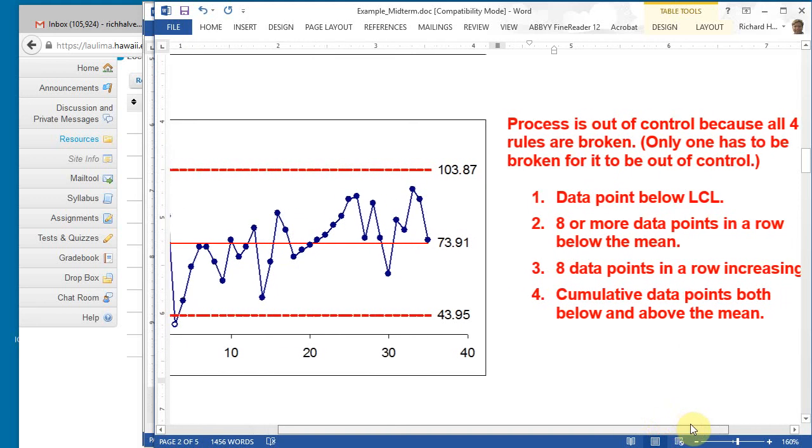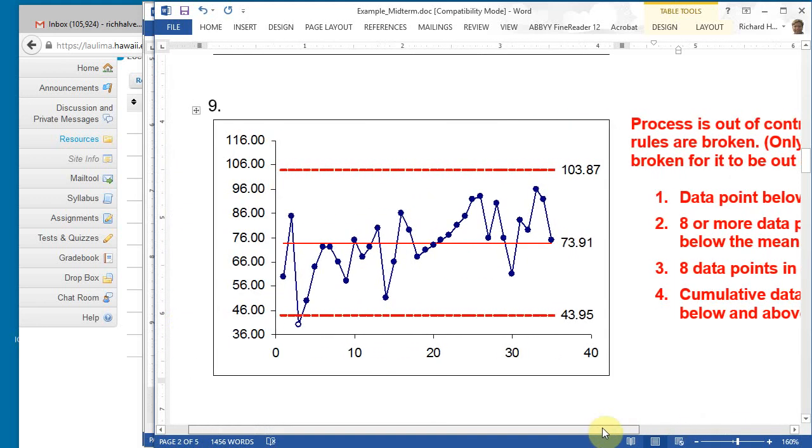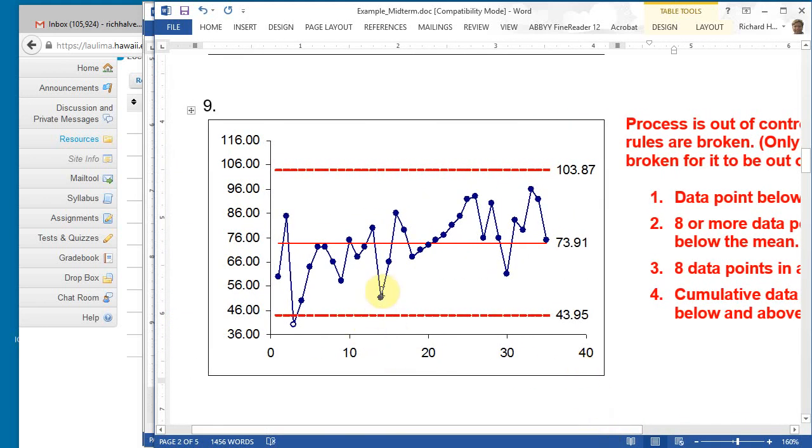And the fourth one here is cumulative data points both above or below the mean. The way you can count this is by keeping a running cumulative count, where you add 1 to your count if it's above the mean, and you subtract 1 from your count if it's below the mean.